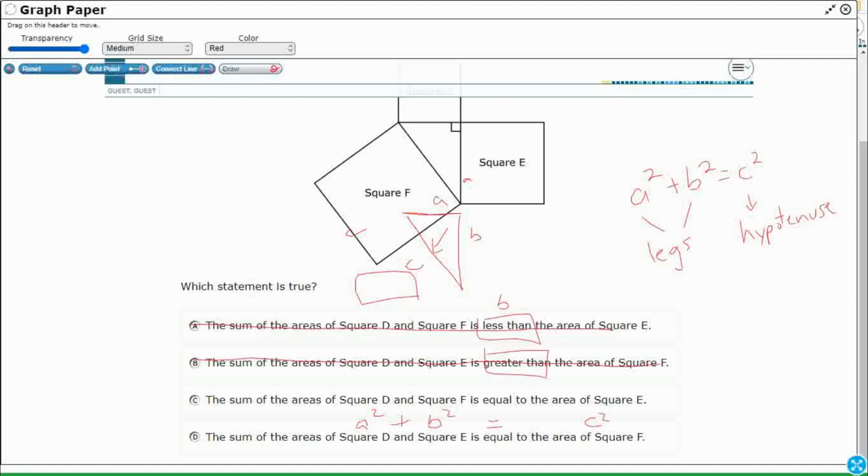And when we're dealing with a Pythagorean theorem, it's equal. So it's not a or b. It's really just between c and d, but look at c. D and f, right? So this would be your a squared plus c squared equals square e. That's equal b squared. And just visually, that doesn't look right because it is easy to kind of see d plus e is going to equal f because f is the largest. So our answer here is D.